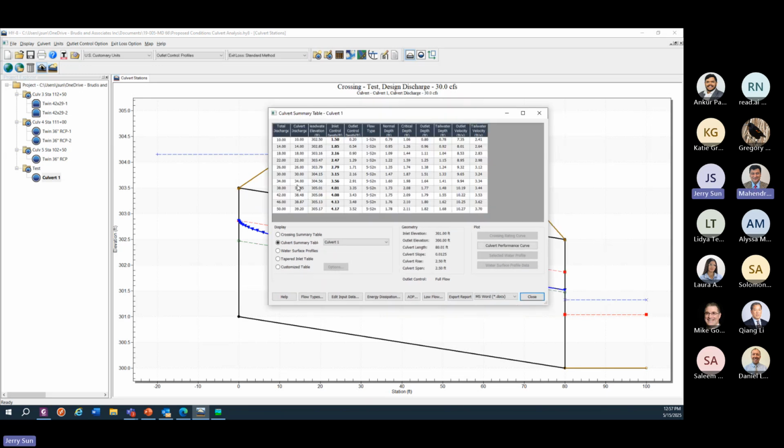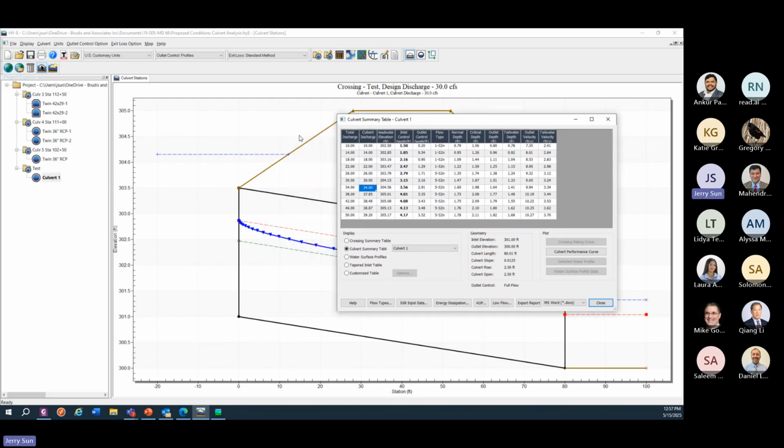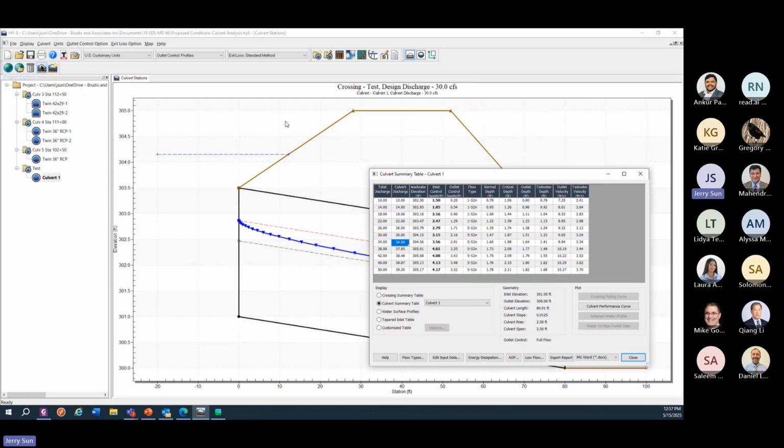Does anybody have any question? Yeah, I think you talk about the H over D parameter. As Mahendra said, this is for the dam safety evaluation tables. That's when, based on the 100 years, you evaluate whether the roadway is considered a dam or not.